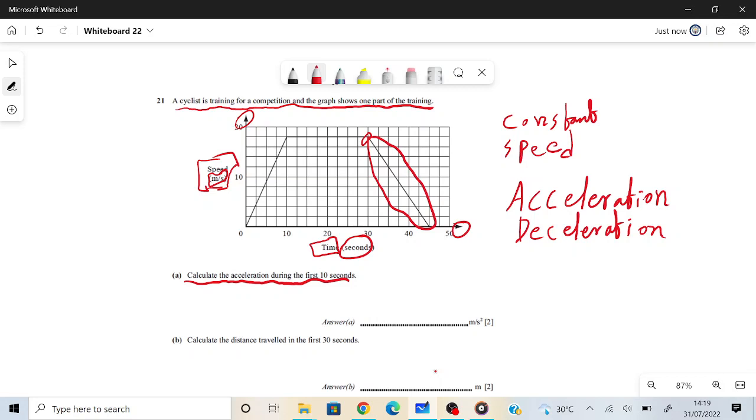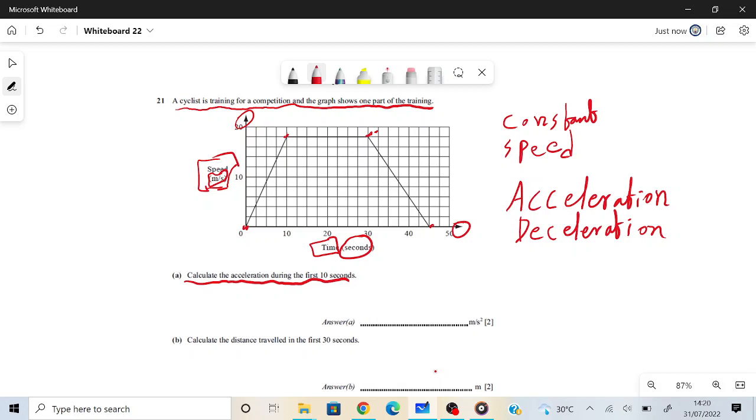Of course, when you are trying to find the gradient, they will give you some sort of limit as to which gradient you're trying to find, because if you see the graph we have here, there are three different straight lines. There's the first one from here to here, another from here to here, and another from here to here. So which gradient are we trying to find? The answer to that is in the question itself.